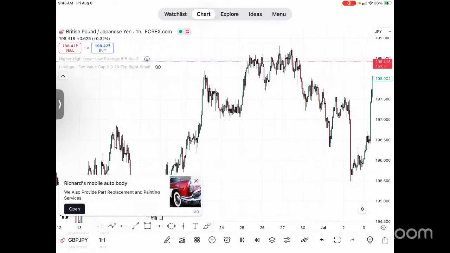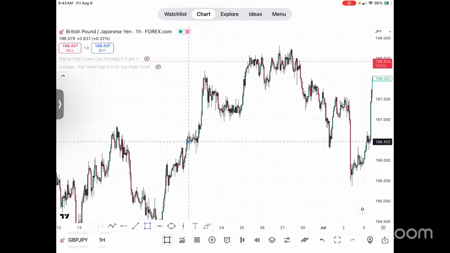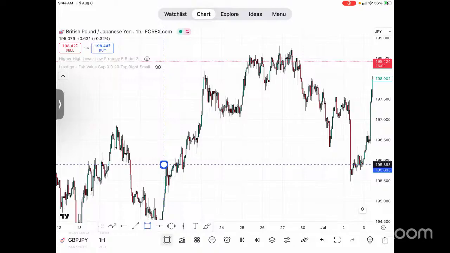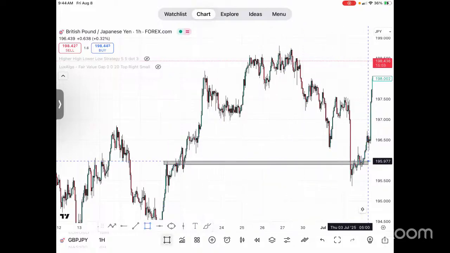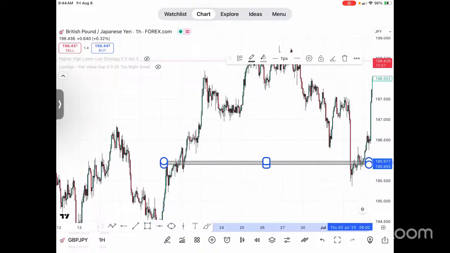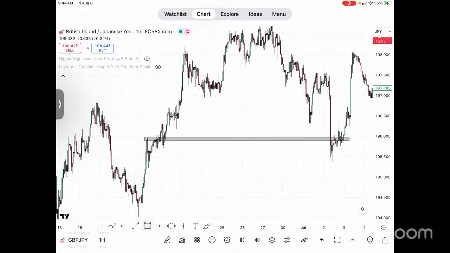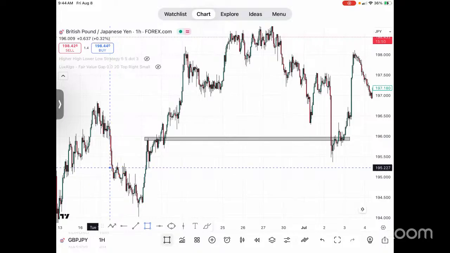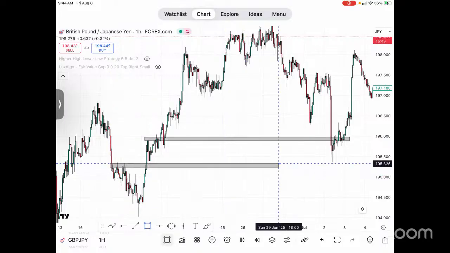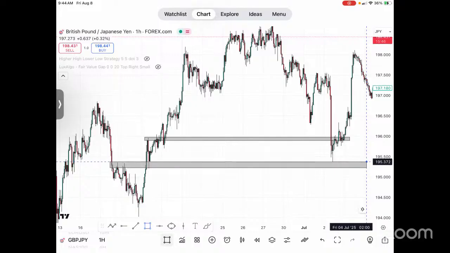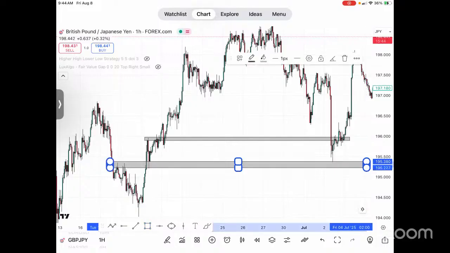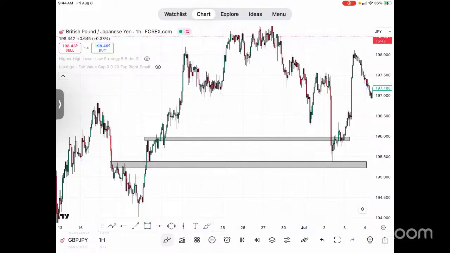When I'm looking for resistance, I'm looking for something like this. Resistance turned support. A better area would be down here. You see how to the left right here was resistance?